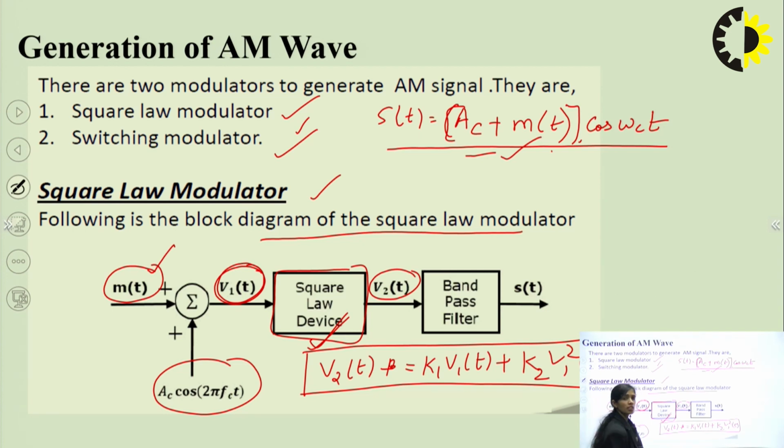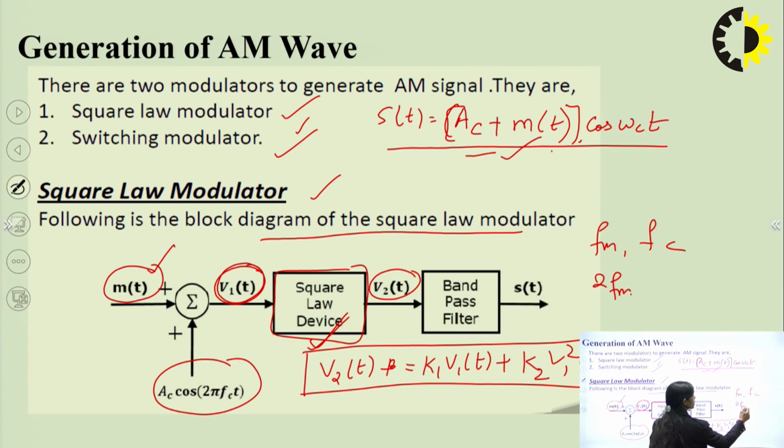which contains a number of components: some FM frequency components, some FC frequency components, some 2 FM frequency components, some 2 FC frequency components. So for getting only the required frequency component, or the message component, we will pass it through the band pass filter.